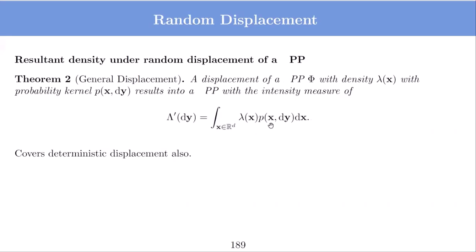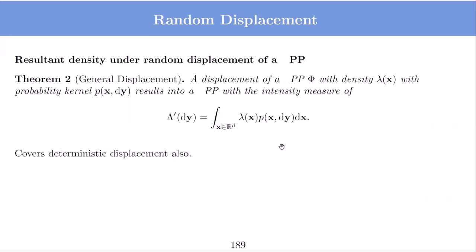So around a point x, there is a small interval dx, and the number of points in that set is lambda(x) dx. And they move to set dy with this probability. So the expected number of points which have moved to set dy is lambda(x) dx, the original number of points, multiplied by the probability they will move to set dy, which is P(x, dy).